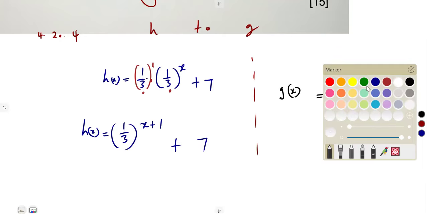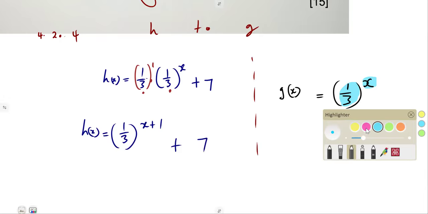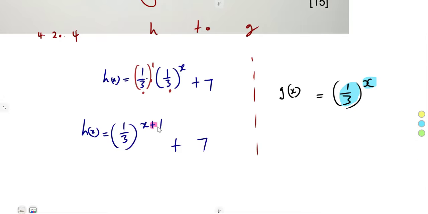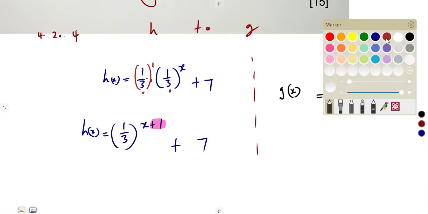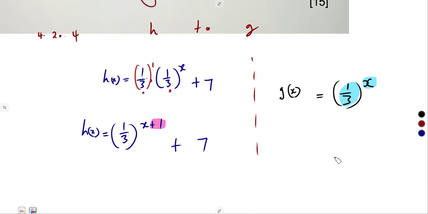So what actually transpired? The positive 1 that was here is no longer there. It's just x. So what happened? We had to subtract a 1 from that one. This is x plus 1, but we must obtain x. So there's something that happened on our x.